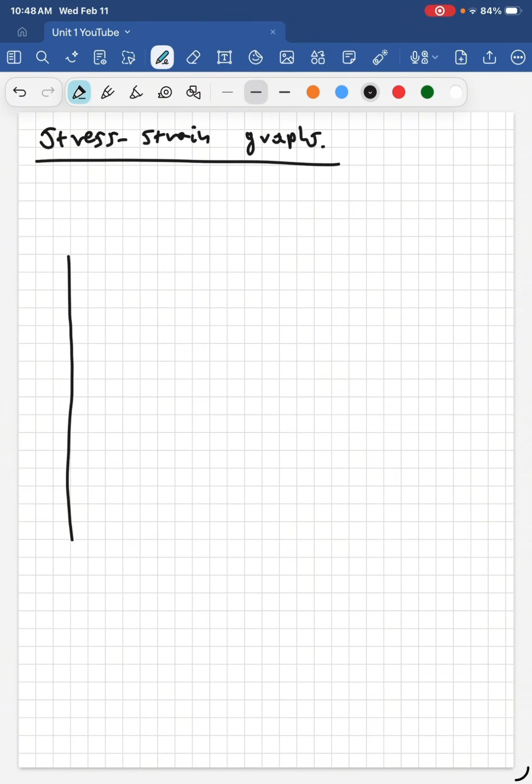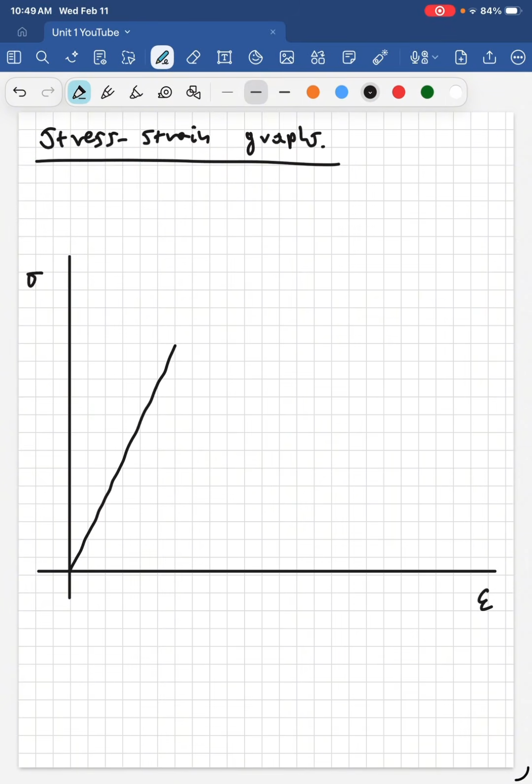So this is the stress, and this is the strain. Okay, so sigma and epsilon. As I said, all materials have this straight region in the beginning.